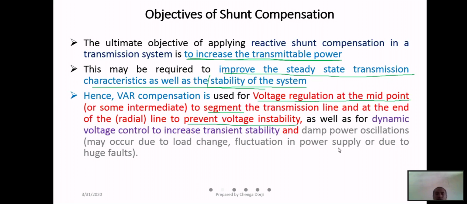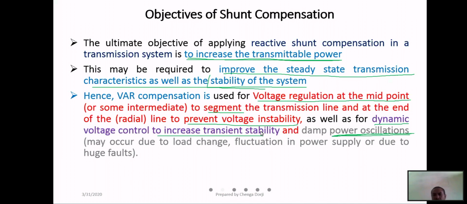And another one is dynamic voltage control to increase the transient stability and damp out the power oscillations. Out of these, you might have done voltage instability, stability, and power oscillation.